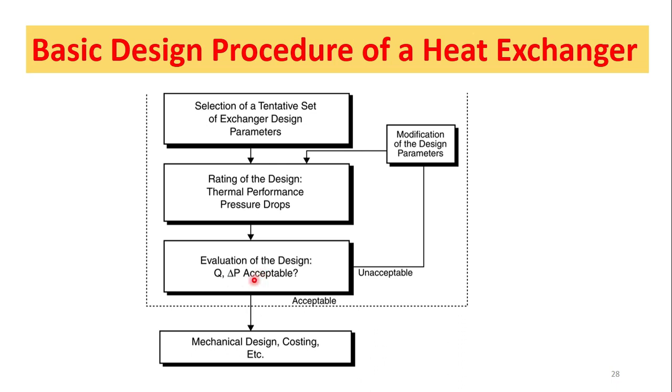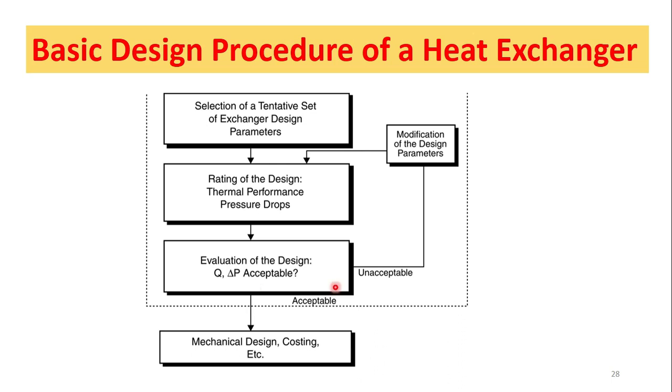If it is acceptable, you will go for the mechanical design and the costing. If it is not within the acceptable limit, it means it is unacceptable, so you will modify the design parameters and perform all the calculations once again to get acceptable values of the rate of heat transfer as well as the pressure drop.